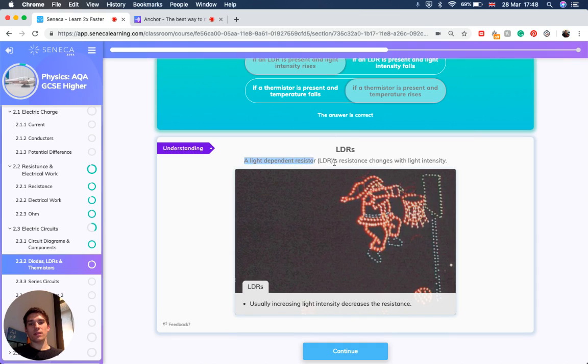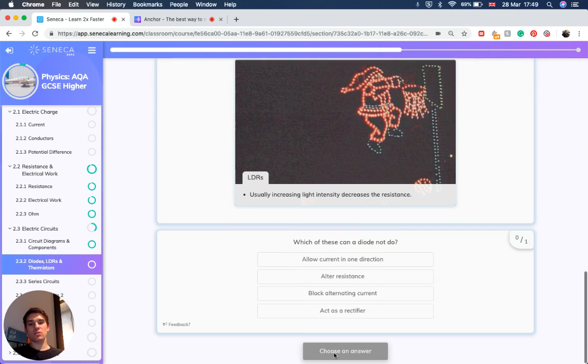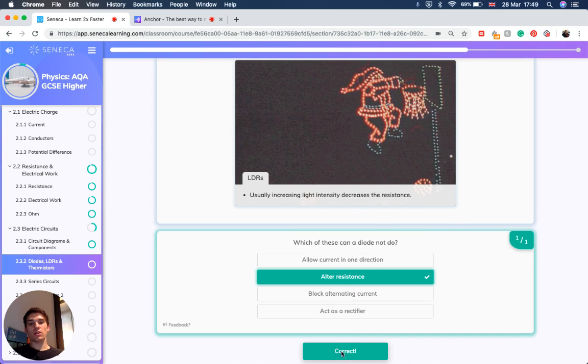Remember, a light-dependent resistor, or LDR, its resistance changes with light intensity, and usually increasing light intensity decreases the resistance. So remember, diodes cannot alter the resistance.